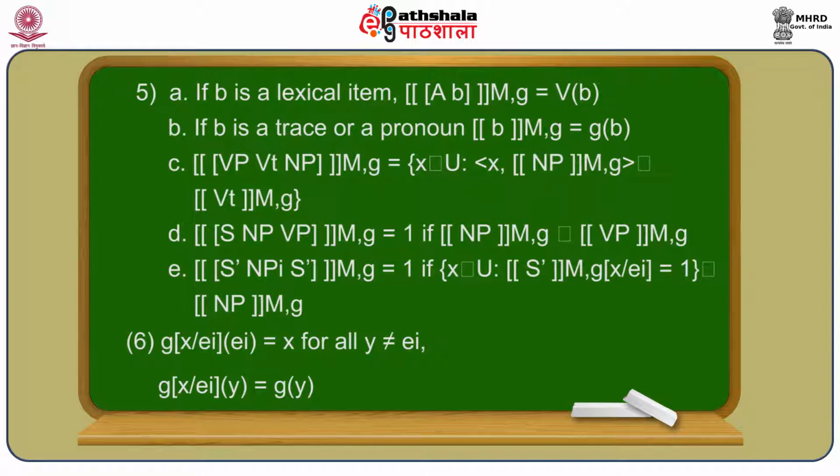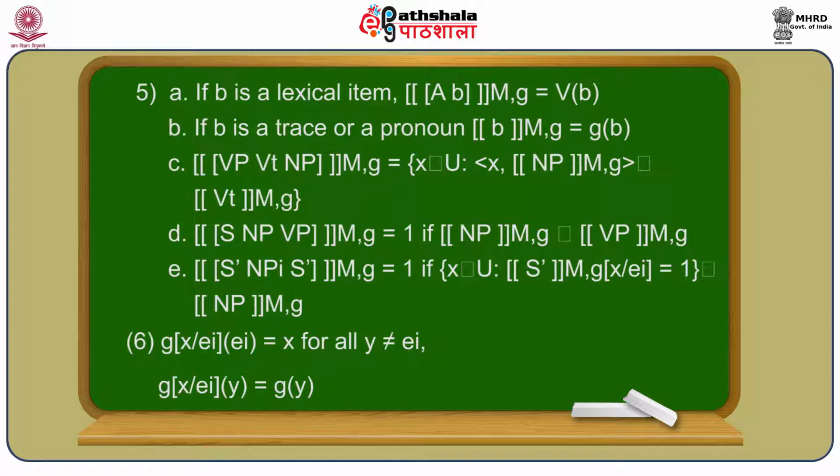Here we use the notion of what's called a modified assignment function. A modified assignment function g followed by x slash e sub i is defined as that assignment function that is exactly like g, except possibly in what it assigns to the trace e sub i, in the following way: g of x slash e sub i, when it applies to e sub i, gives you x.